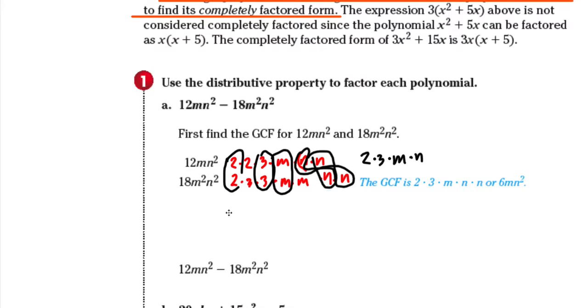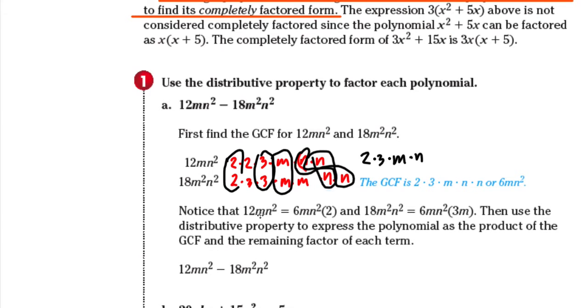And we put everything back in the parentheses. Notice that 12mn squared is equal to 6mn squared, which is the GCF, times 2, and 18m squared n squared is equal to 6mn squared times 3m.